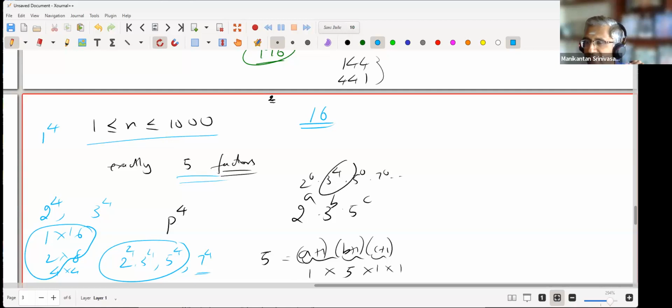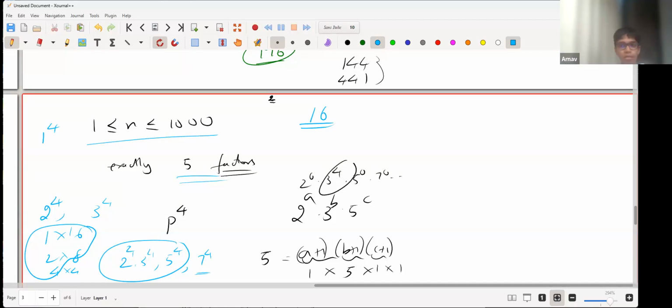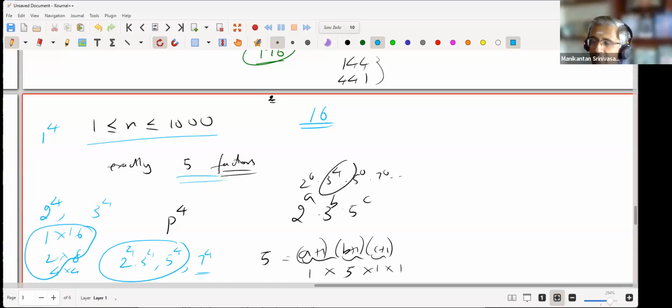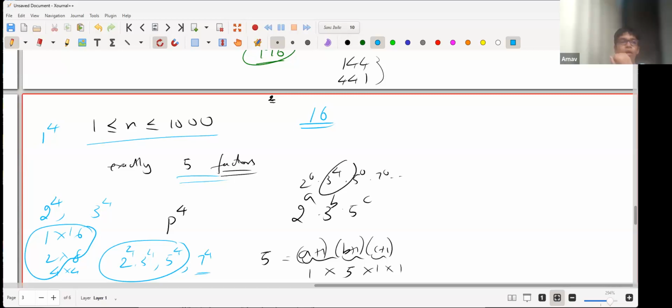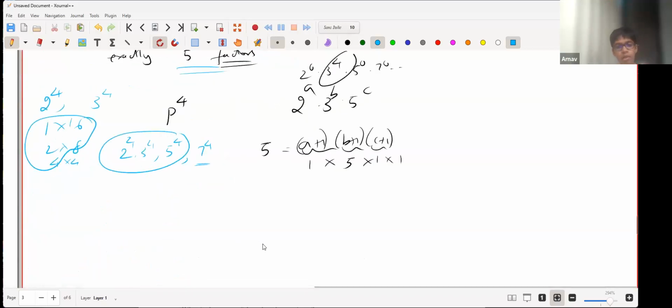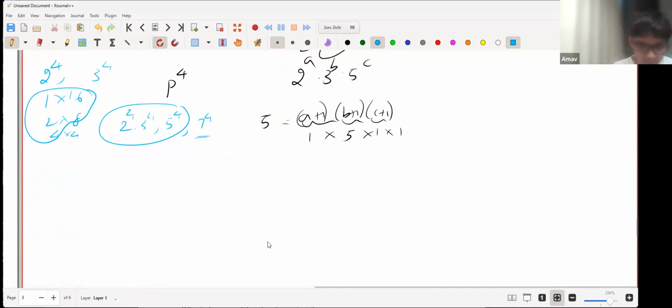Arnav, can you explain why a perfect square has odd number of factors? A couple of ways in which you can explain. If they're prime numbers, their only factors are 1 and itself.